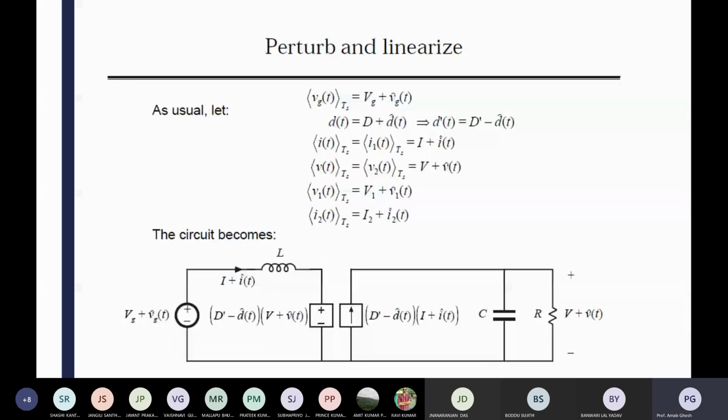Then you perturb and linearize. The average value will be your DC steady state value plus a small AC variation, the cap value. This is your input voltage.